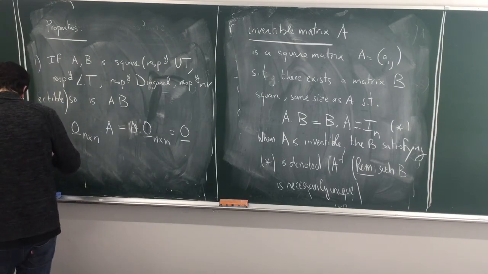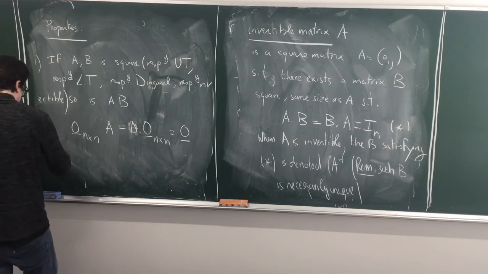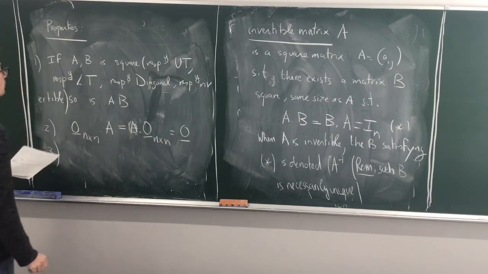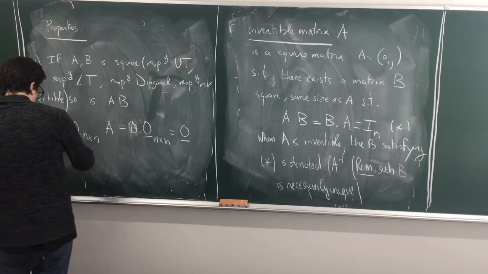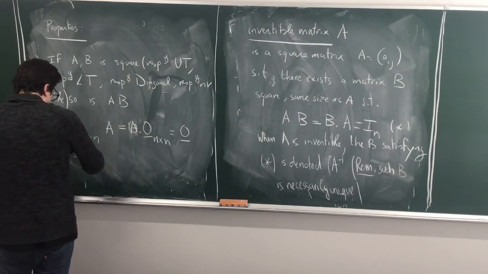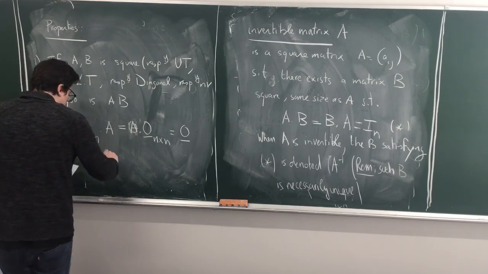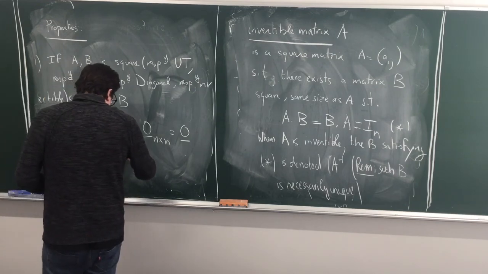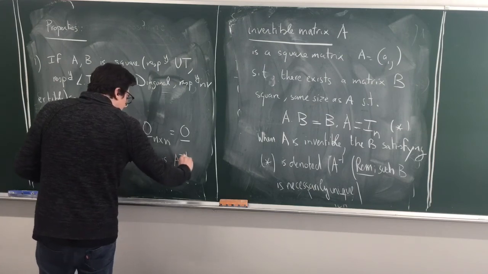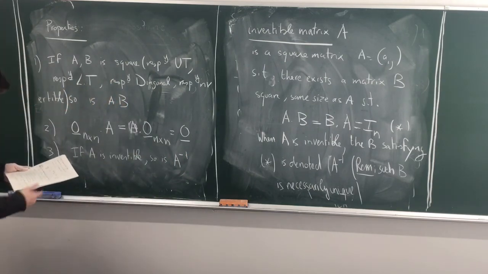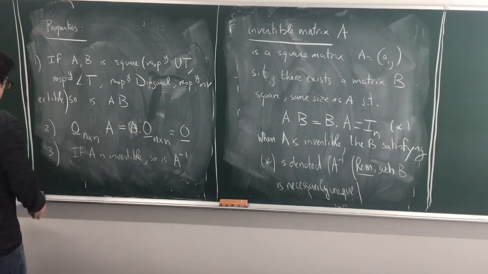Another property is that if A is invertible, so is A^(-1). A^(-1) will also be invertible.